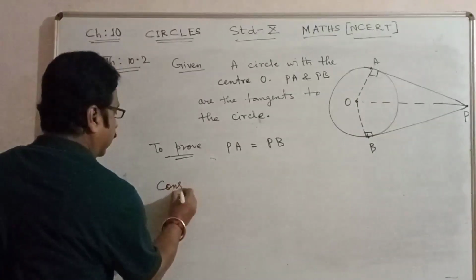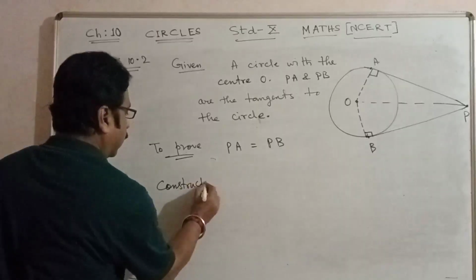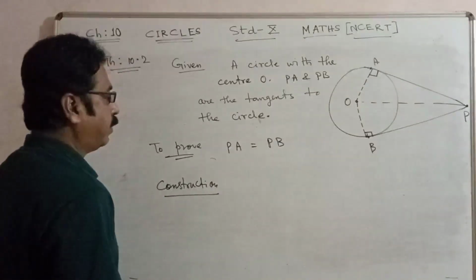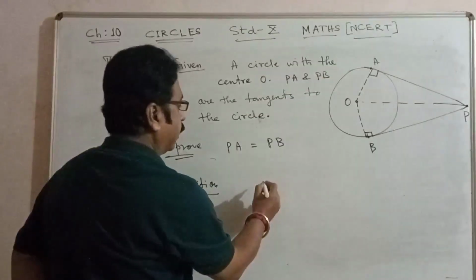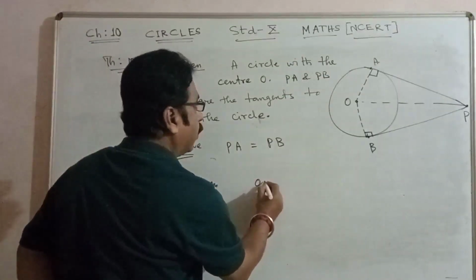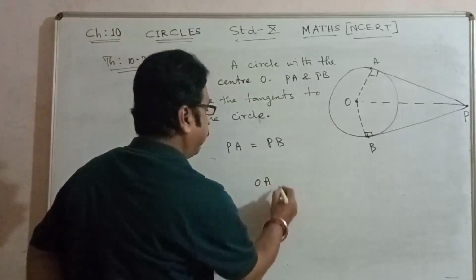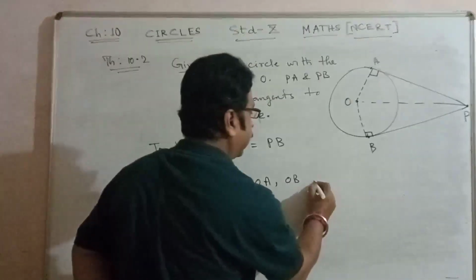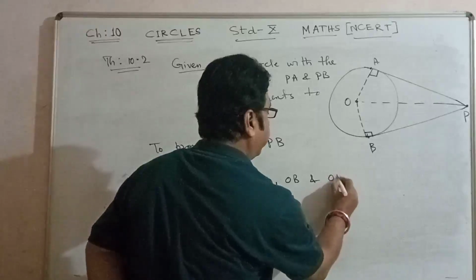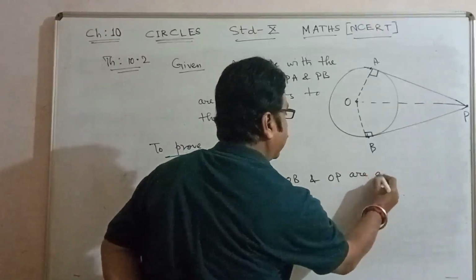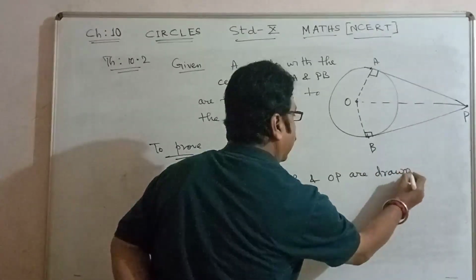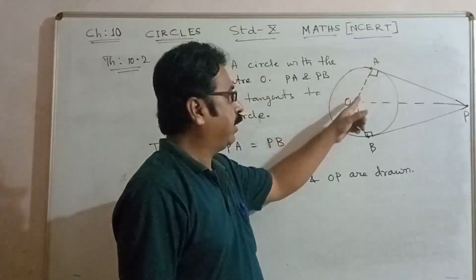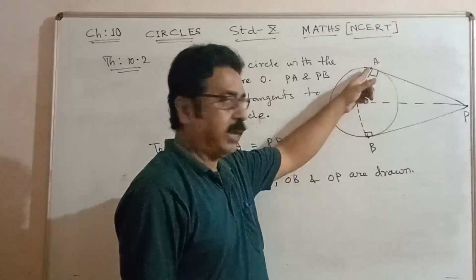Construction. OA, OB and OP are drawn. That means we are joining the points A and O to get OA.